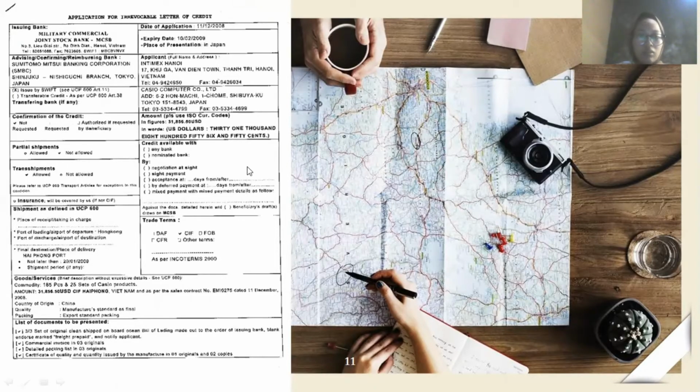Okay, next document. This short document is different from the previous documents because it uses a box-shaped form. For this part, we can see that there are the type and nature of the LC opened in this part, so we can know this letter uses an irrevocable letter of credit as the title of this document.